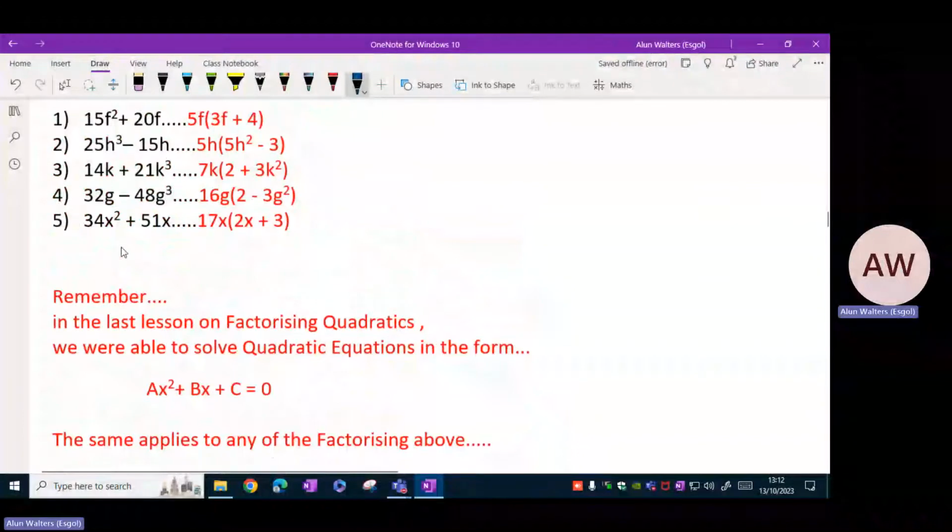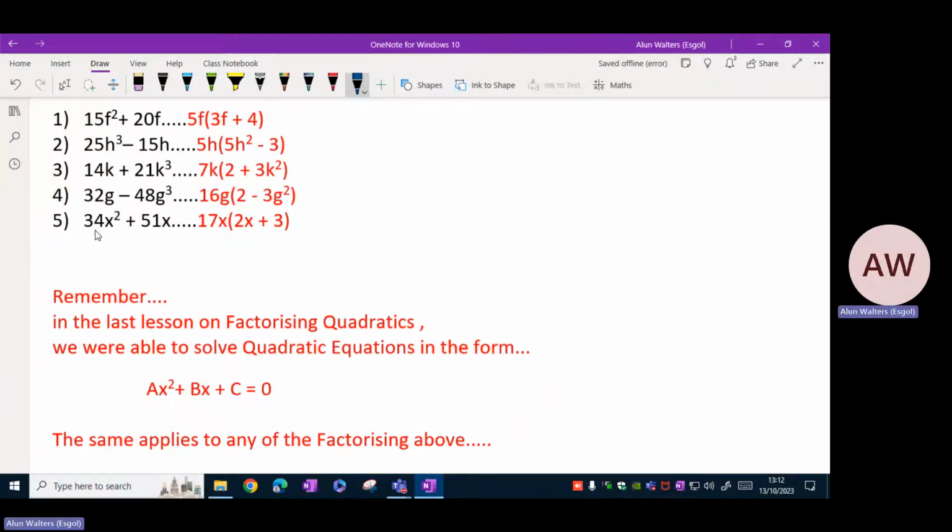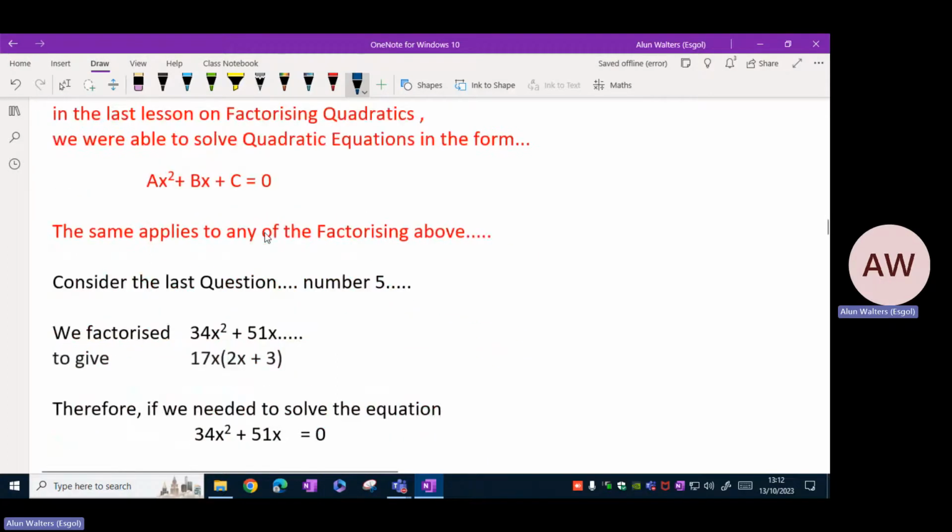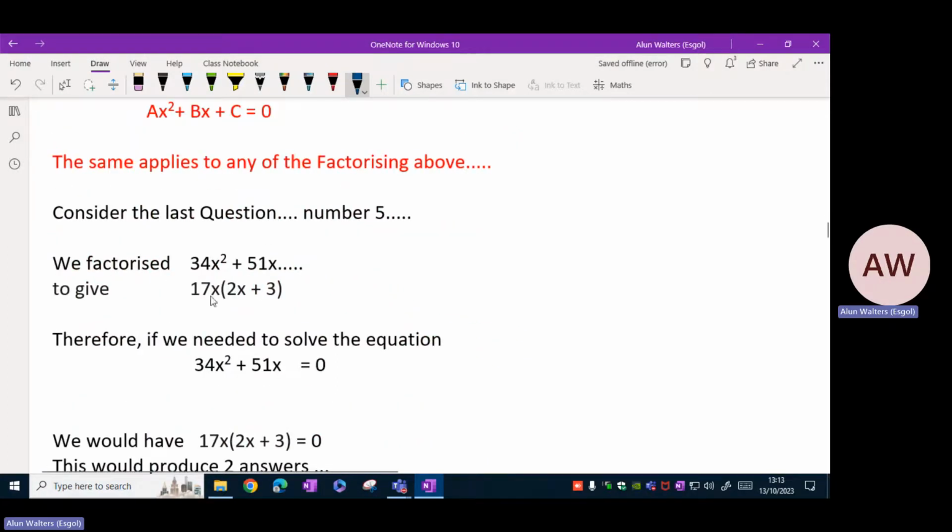So if I look at the very last question, when I factorize the expression 34x squared plus 51x, I ended up with that. So that's what I've shown there. Now, you could have a question. It's an equation if there's an equals there. So it's an equals naught. And what you would do is you would factorize that, as we did with question 5 above.